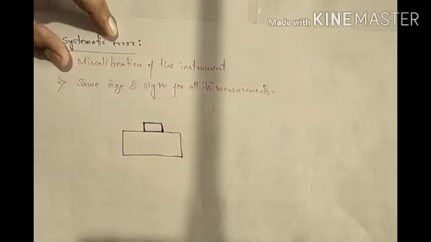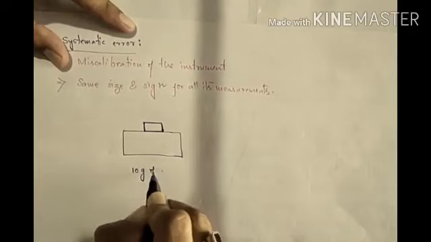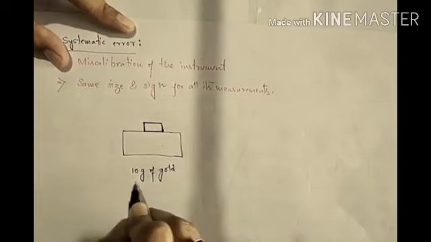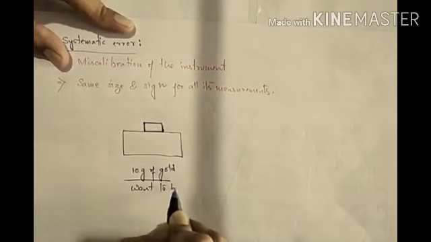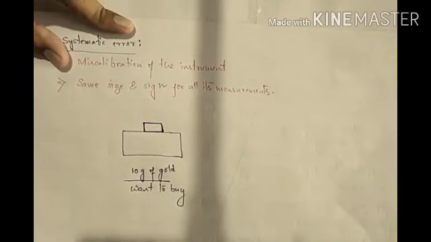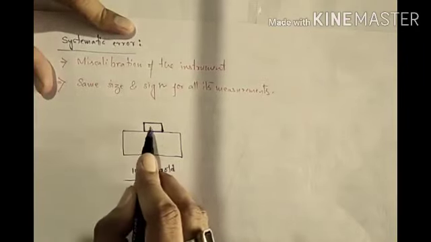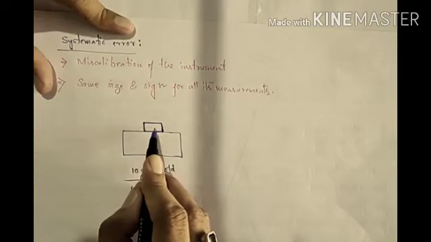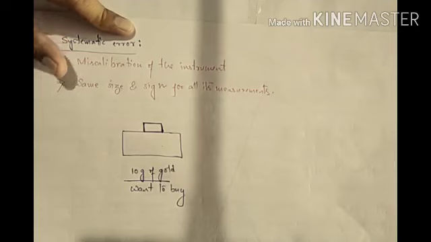Suppose you want to buy 10 gram of gold. So what the shopkeeper will do, they will pour some gold here, and the moment when it shows 10 gram in this display, you will say that okay, I need this much amount of gold, it's okay.